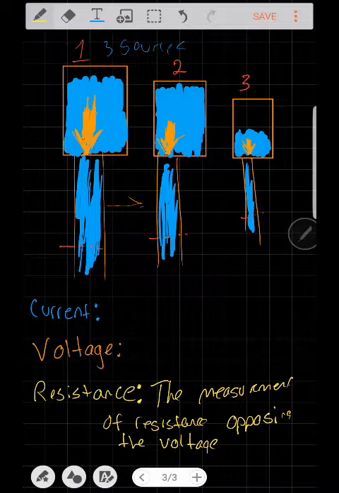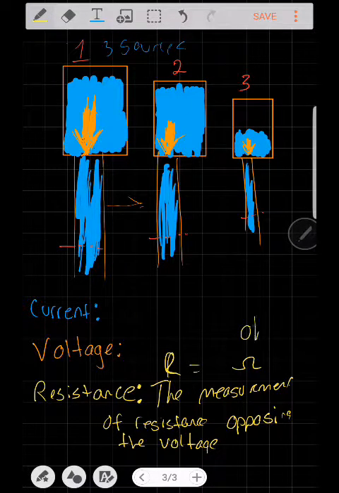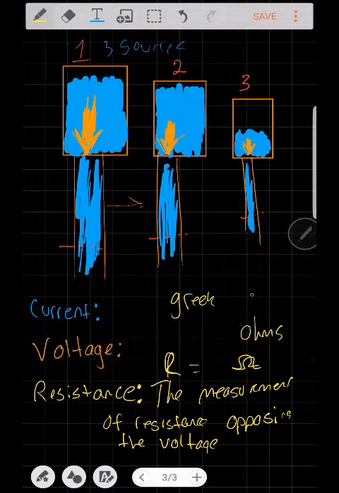Now, it's called resistance, and the symbol for resistance is R, but its unit is ohms, O-H-M-S, and the symbol for that is omega, the Greek letter omega. So again, don't be confused. The actual symbol is R for resistance, but it's measured in omegas.